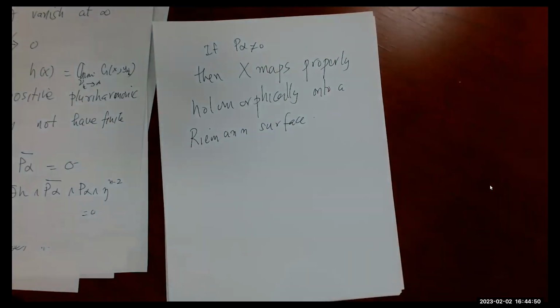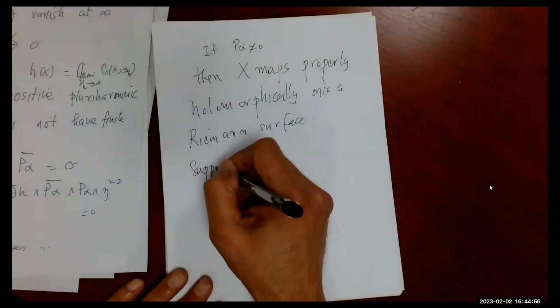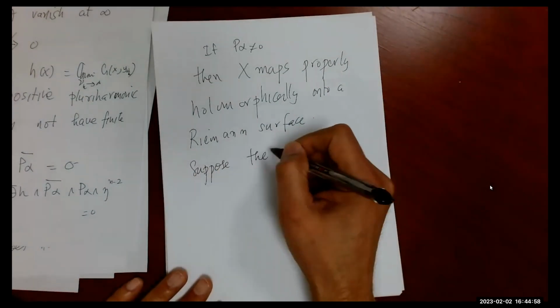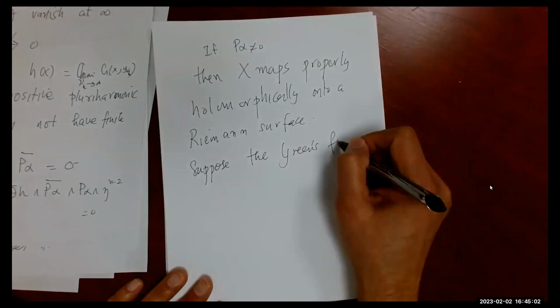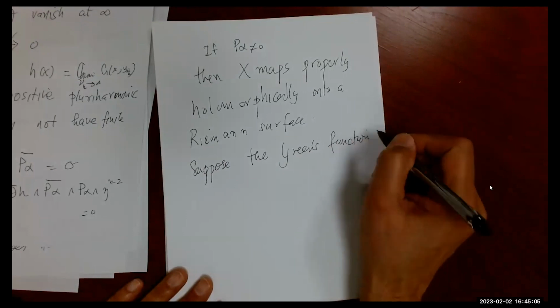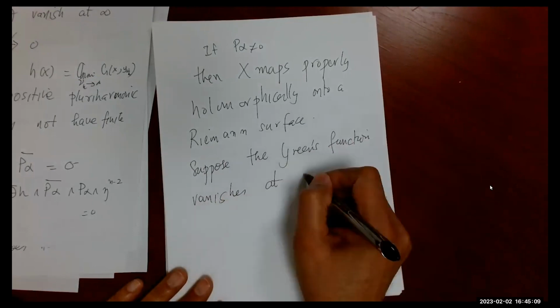Now we deal with the case where the Green's function goes to 0, so it vanishes at infinity.